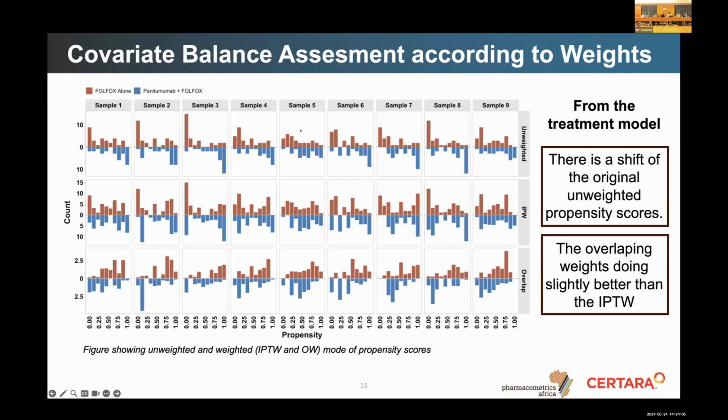Maybe the goal distance for us is working better here. But nonetheless, when you look at the IPW, you see that it's trying to balance these particular differences that you see in terms of distribution, which is kind of good. And then you also see that in the overlap, it is in some cases doing better than the APTW.